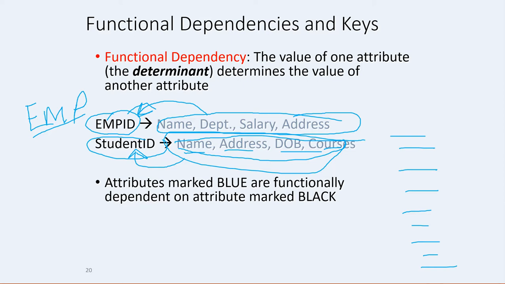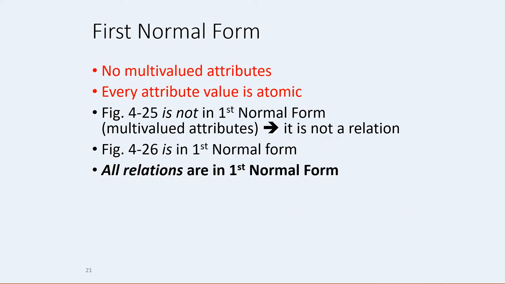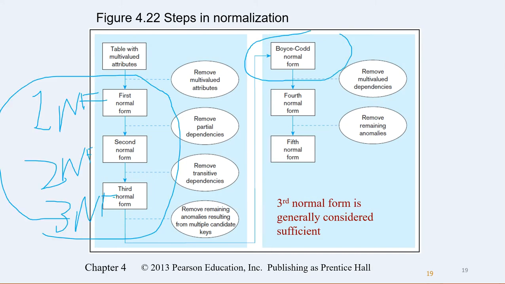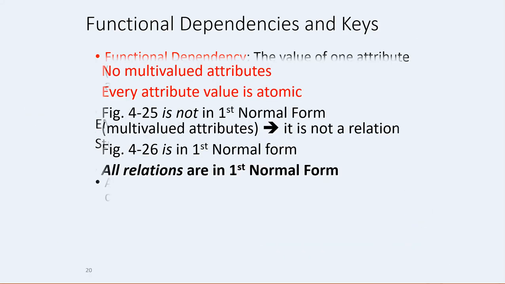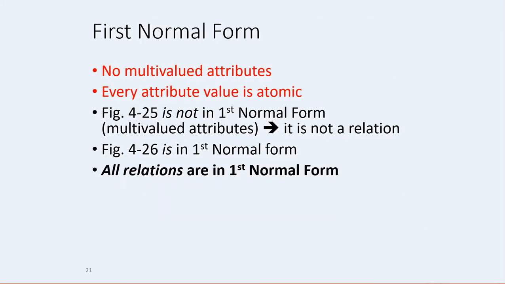But there's another twist to it, which we will see when we do 2NF in an example we are about to do. As I said earlier, you have to go through 1NF, 2NF, and 3NF, and there are requirements to fulfill to reach each of them. The first normal form requires no multi-valued attributes, like names.